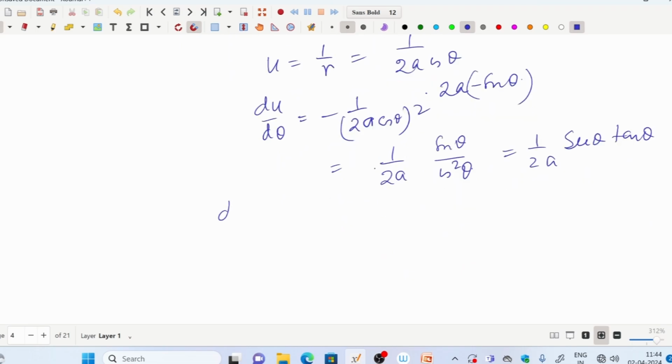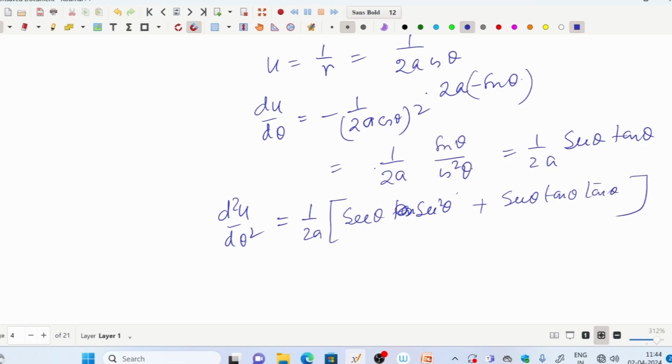Okay, so now d2u d theta square, if you calculate, with 1 over 2a sitting outside, the derivative of sec theta tan theta will be sec cube theta plus sec theta tan square theta.